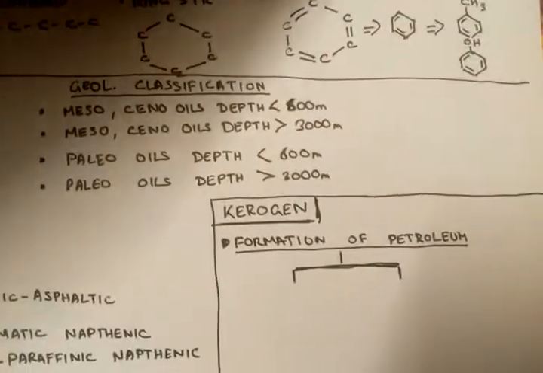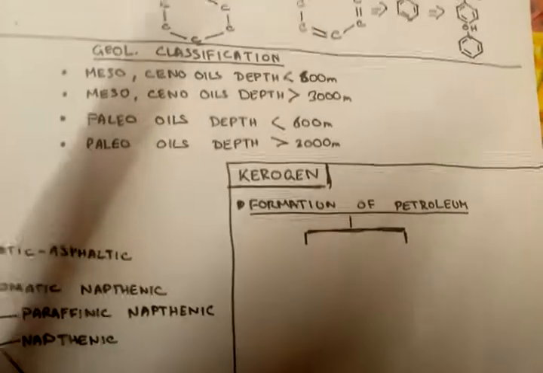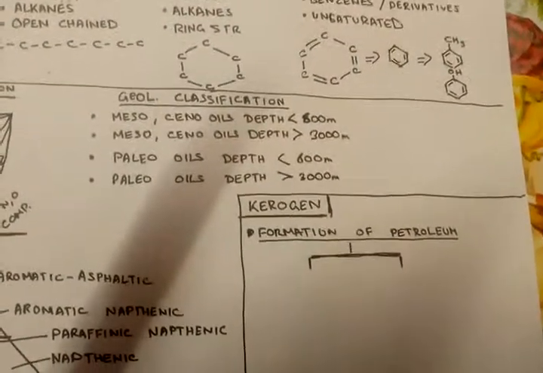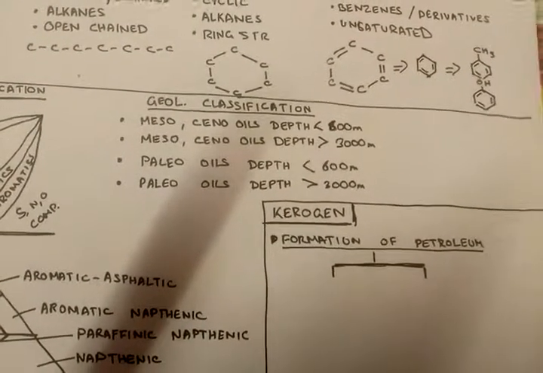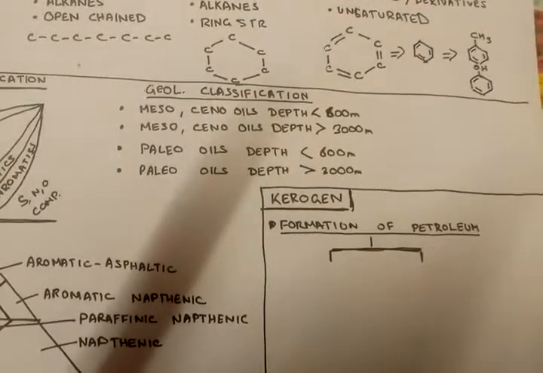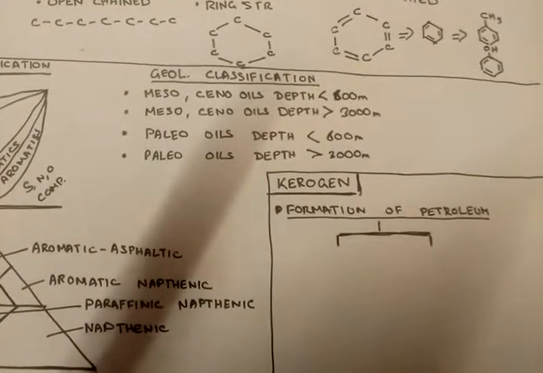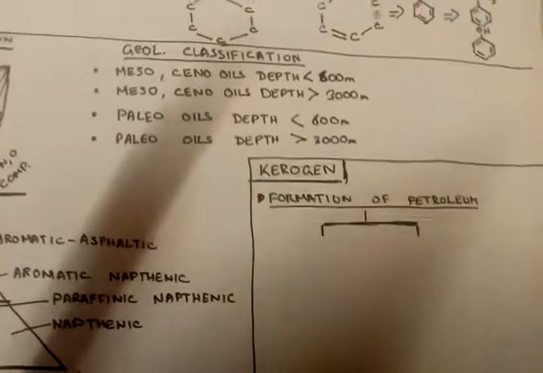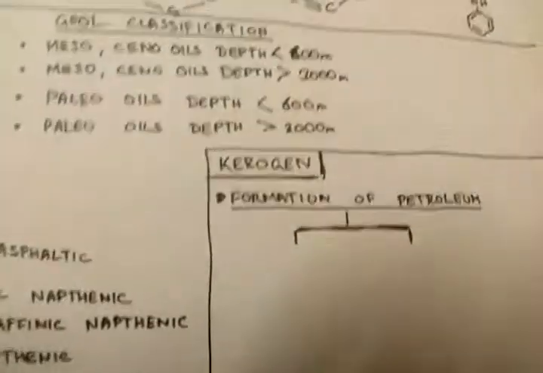Basically, we have been using petroleum for quite a long time. The first thing that struck people, when we found this resource, was what the actual process of formation of this resource is, and whether we can synthesize it artificially or not.